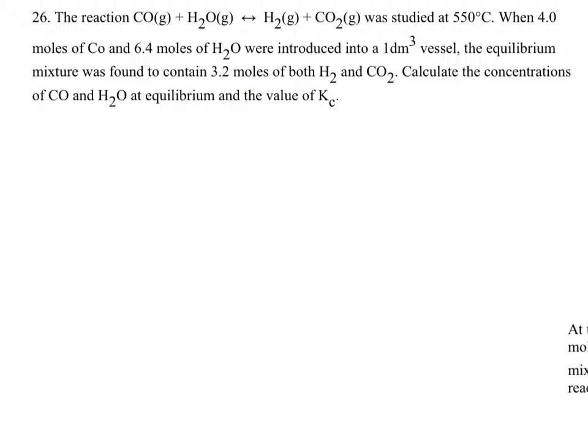Number 26. The reaction was studied at 550 degrees Celsius when 4.0 moles of carbon monoxide and 6.4 moles of water were introduced into a 1 decimeter cubed vessel. The equilibrium mixture was found to have 3.2 moles for both H2 and CO2. Calculate the concentrations of CO and H2O and the value of Kc. Let's rewrite our reaction.